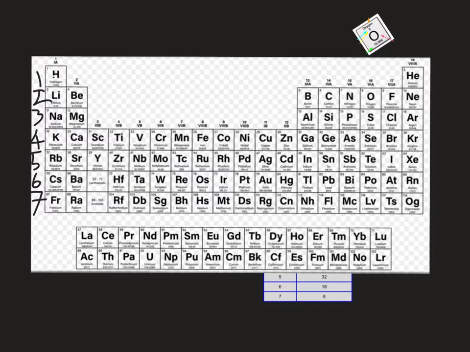So with oxygen, it's on the second period, which is what we call a row, and that means it's going to have 2 energy shelves, or energy shells, where electrons go. So now we know we can draw 2 electron shelves.